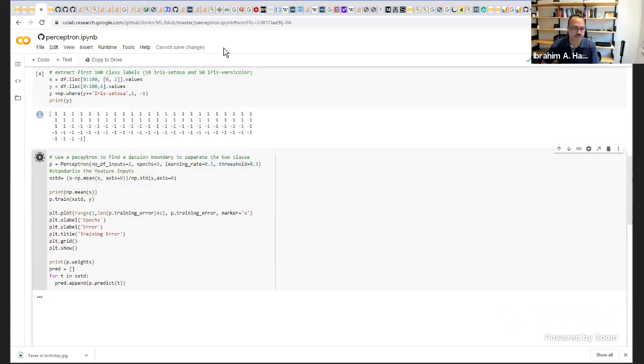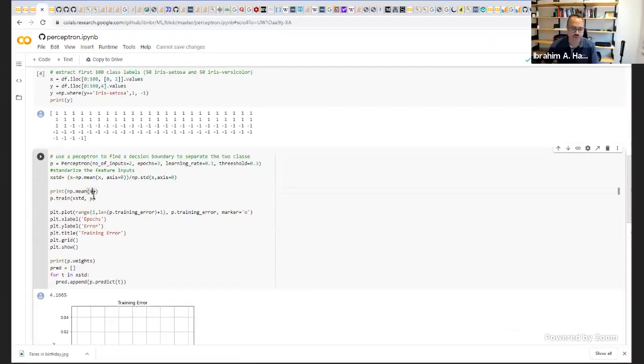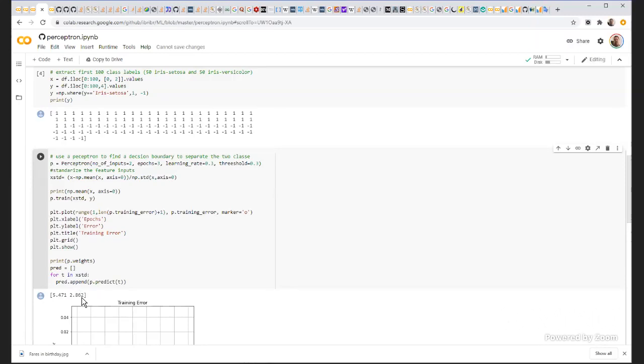We will run that part. You got 4.16. Do you see this number? Yes. And if you added axis equal to 0 and run it one more time, now you got two values: the mean value of x1 and the mean value of x2. All right, got it. Thank you.